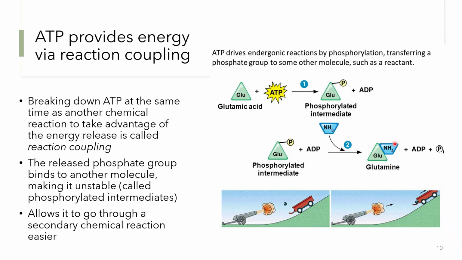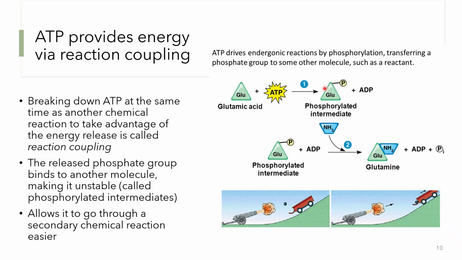And when we do that, we want to make glutamine. Well, the best way to do this, because this is a highly energy intensive process, is to take ATP and take its third phosphate group, break it off, and the energy released is used to take that third phosphate group and attach it to the glutamic acid.